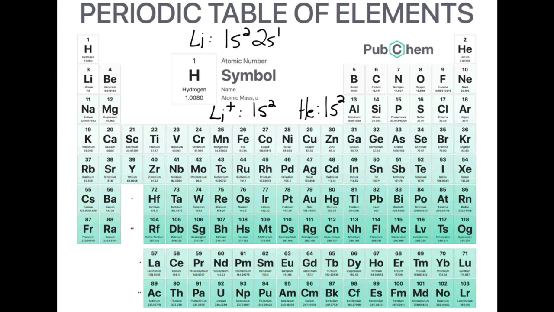Now, ask ourselves, how easy should it be to now remove a second electron from lithium plus? Well, there's a couple of different factors at play here. First of all, removing a second electron will always be more difficult than removing the first electron. Why is it?